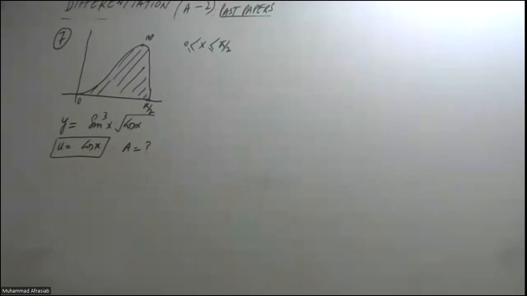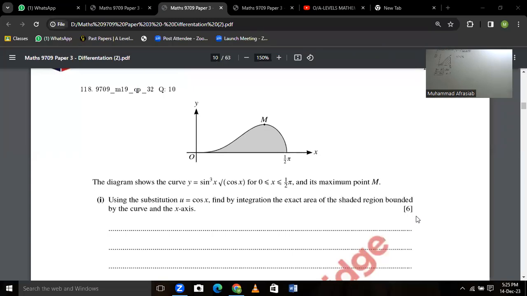Now we are solving question number 7 of this differentiation of A2 level. The diagram shows the curve y is equal to sine cube of x into square root of cos of x, where x lies between 0 to pi by 2, and the maximum value of this point is n.